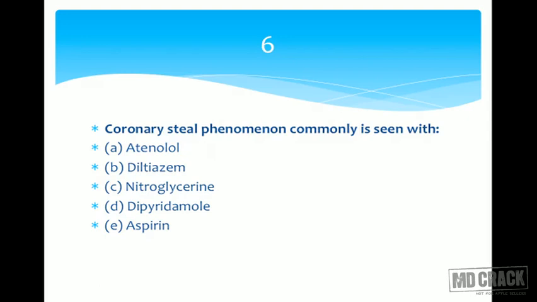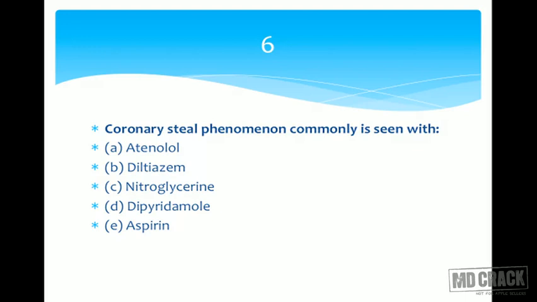The next question is question number 6. Coronary steal phenomenon commonly is seen with which of the following? You have atenolol, diltiazem, nitroglycerin, dipyridamole, and aspirin. There is one drug on this list which has a very typical effect.